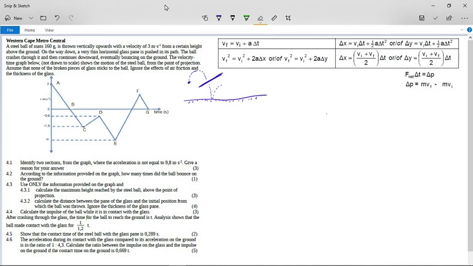So all of the parallel sections of this graph, like over here and over here and over here, can you see these are parallel? These are when the ball is acting as a projectile, and the only force acting on it is the acceleration due to gravity.